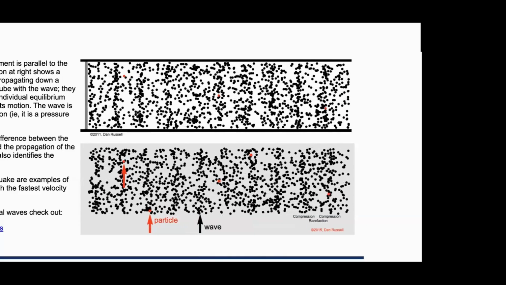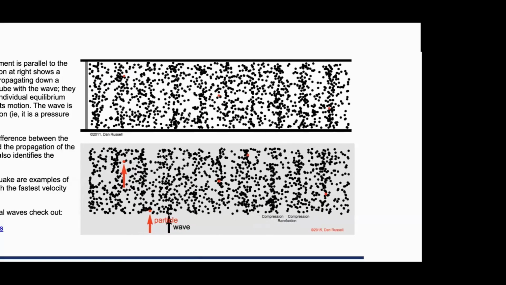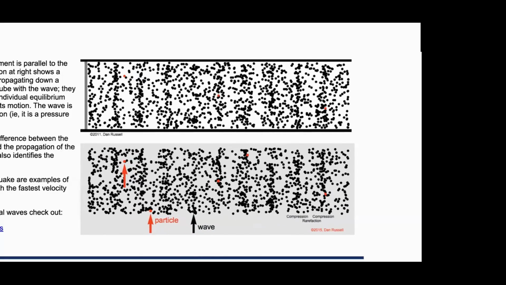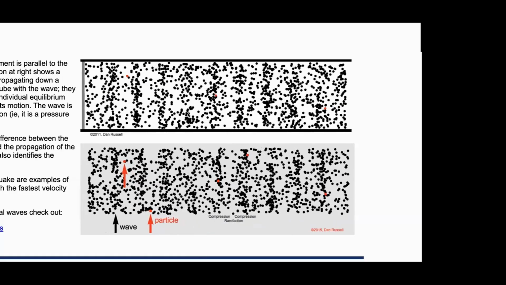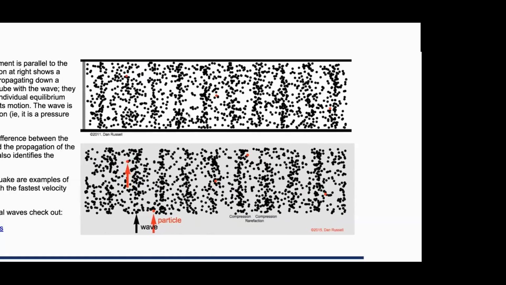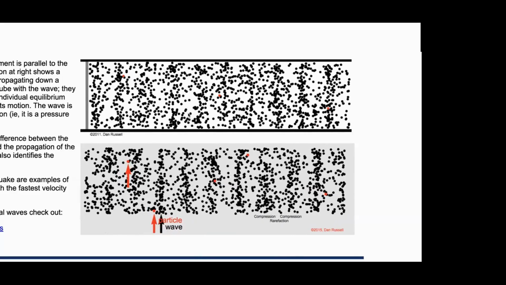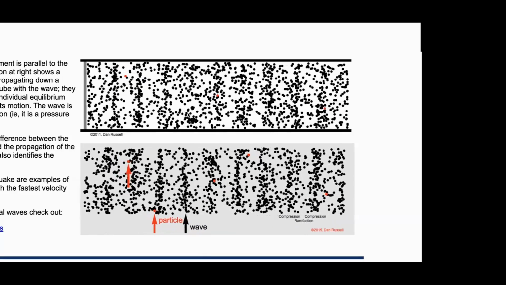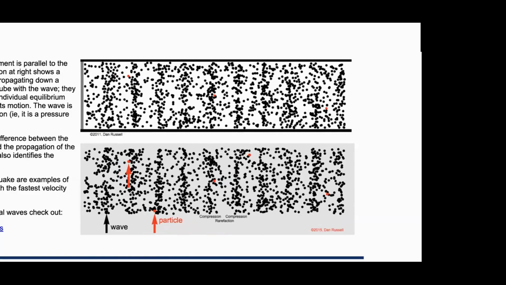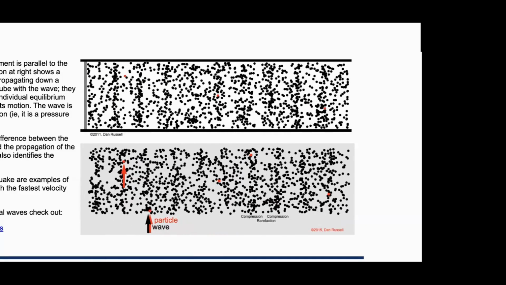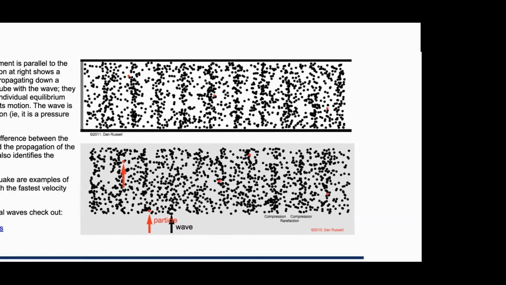Now look at the down image. You see a particle and a wave. Is the particle moving away? It looks like it's moving to the opposite side. No. Look at the wave and look at the particle and how their motion is.